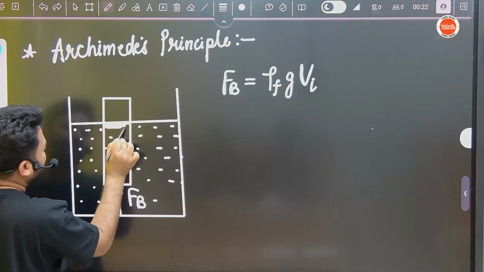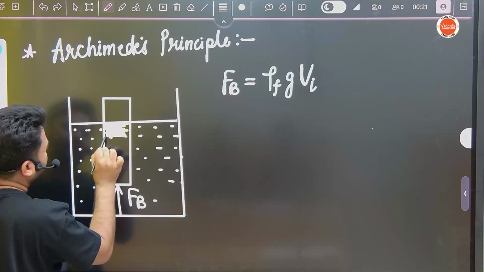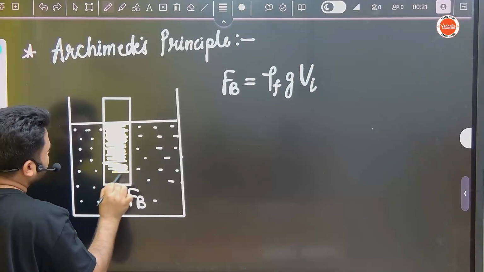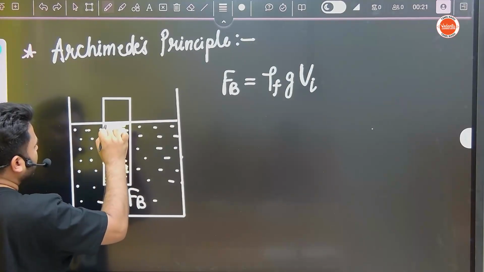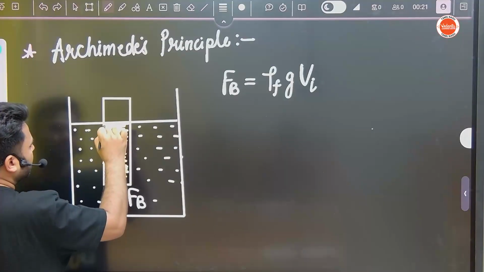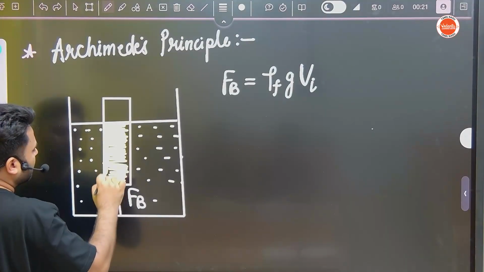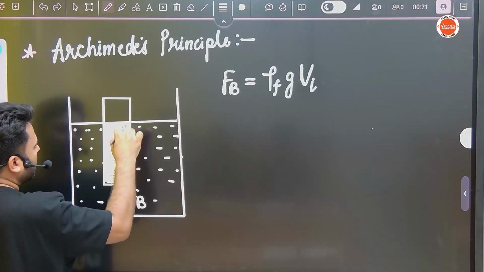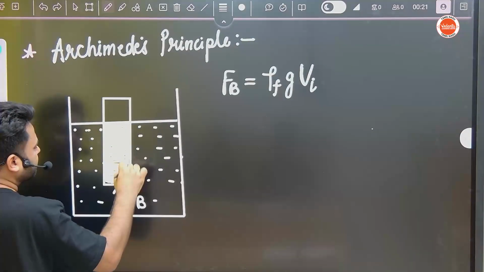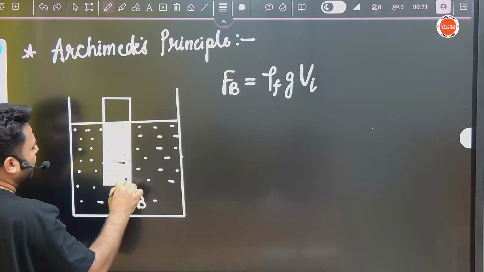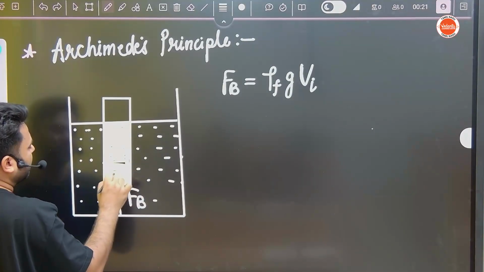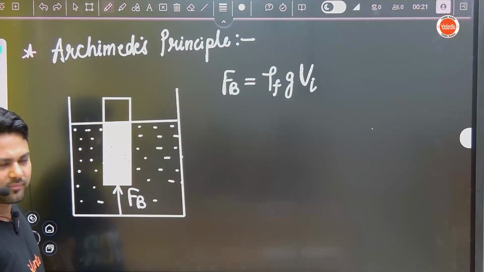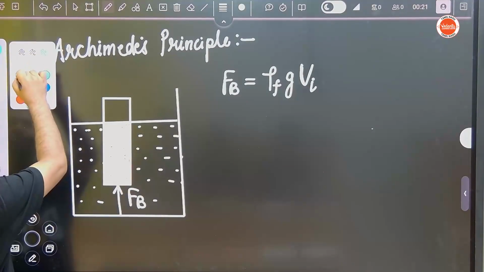This volume is inside, so this volume we have to take. Understood? So this is the buoyant force. This much upward force will be there.